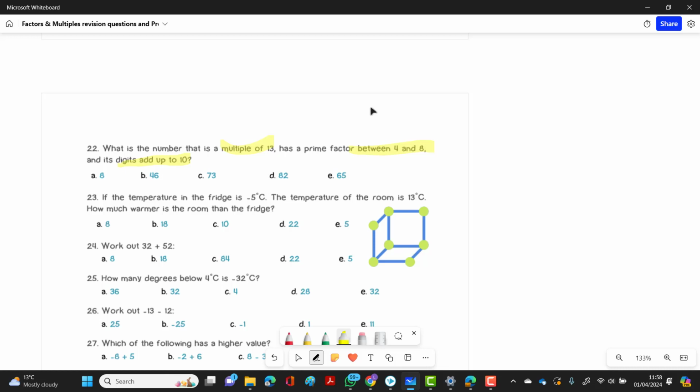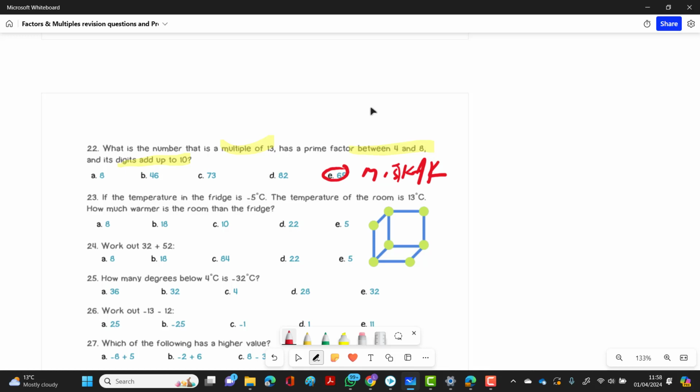Well, the only multiple of 13 is this. But I think there's a mistake because the digits don't add up to 10. 22 says E, but that's a mistake. So I don't know. I think that's the only multiple of 13. Okay, we'll get that changed.